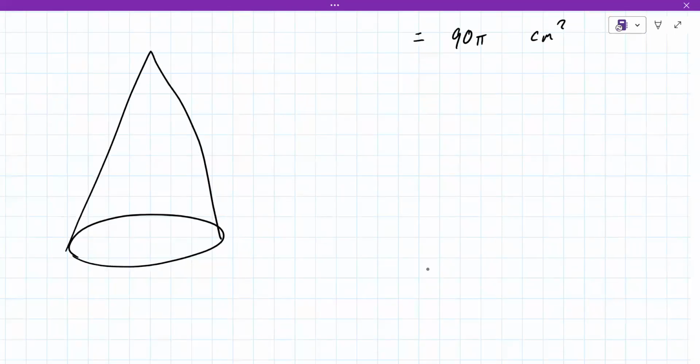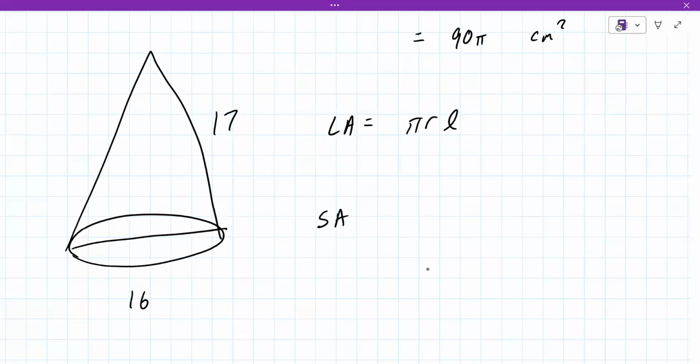So sometimes they're more helpful here. They give you the slant height, like they might tell you this is 17. They might tell you that the diameter is 16 in the problem. So could you find the lateral area, pi r L, and then the surface area, pi r L plus pi r squared? 8 times 17 gives me 136 pi.